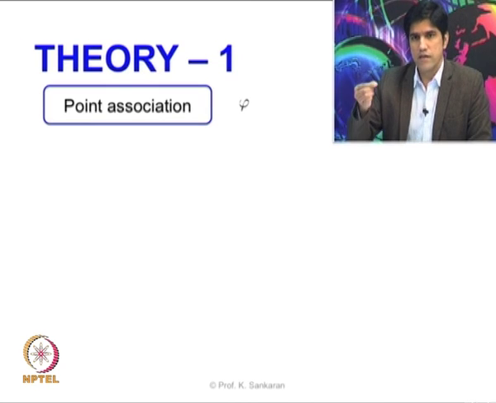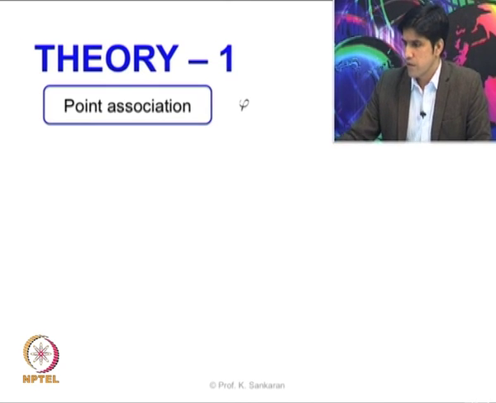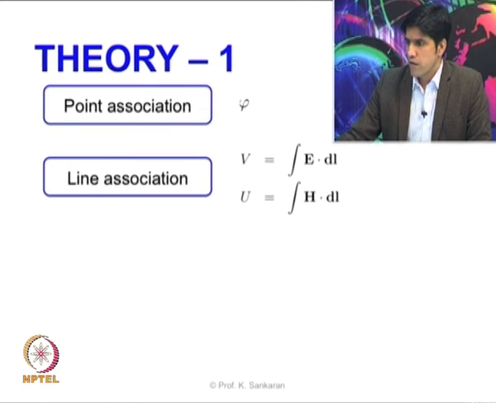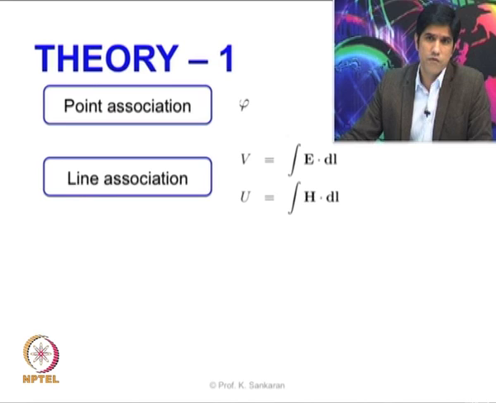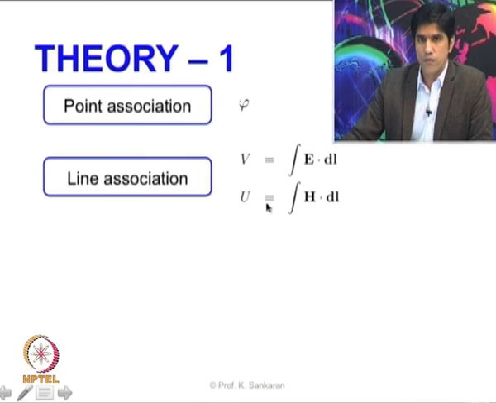A potential is defined at a point. Similarly, we can talk about V and U. As I told you, we are going to use a different, in fact a right term to define V and U.